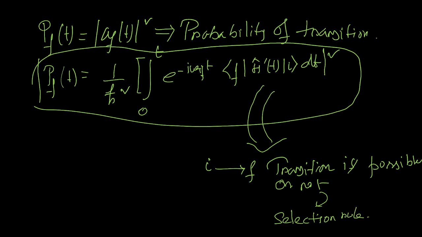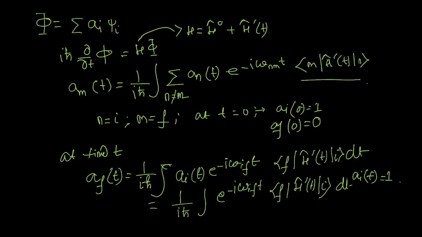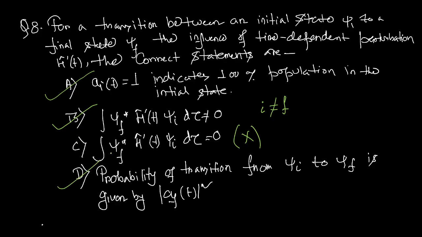The main motto in upcoming lectures is to derive H'(t). What will be the expression of H'(t)? If time permits, we will have a quick overview of the expression of H'(t). Okay, so now option 4 is correct.